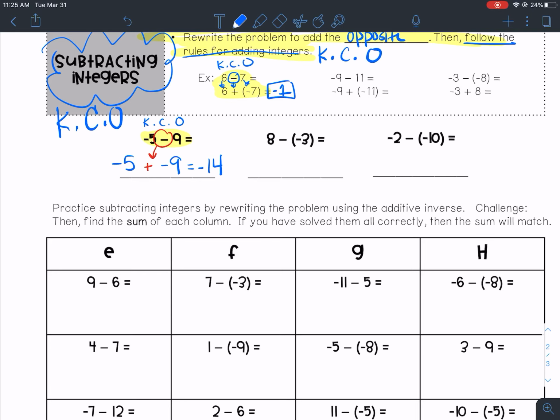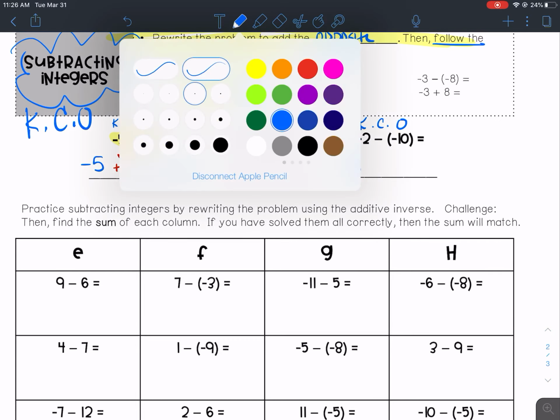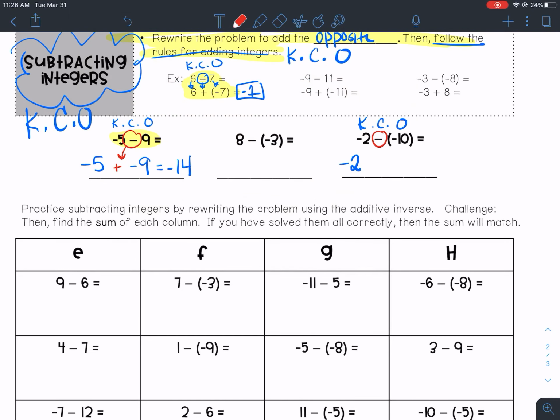Okay. Let's do one more. Let's do this last one because this one looks complicated. It has a bunch of negatives and minus. KCO. Keep my -2. Change my subtraction to addition. And the opposite of -10 would be +10. Now I follow my rules.